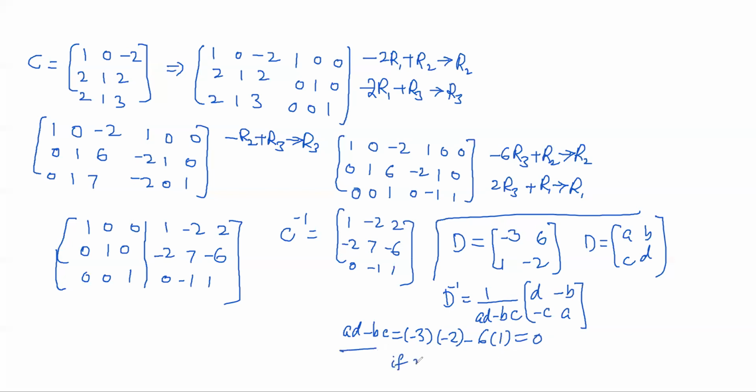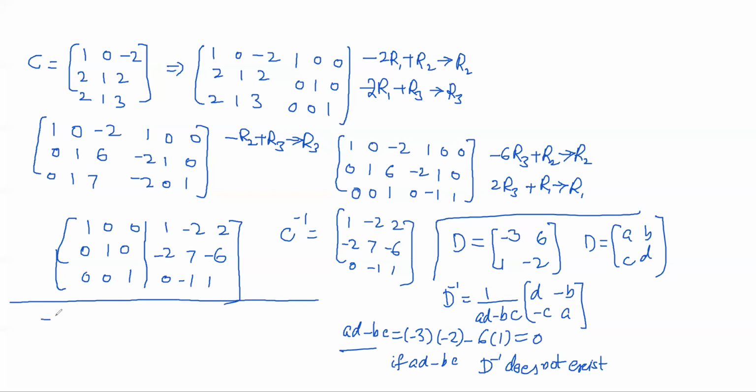If AD minus BC is 0, it means that in the formula we will be dividing by 0, so that is not defined. So we will say that D inverse does not exist.